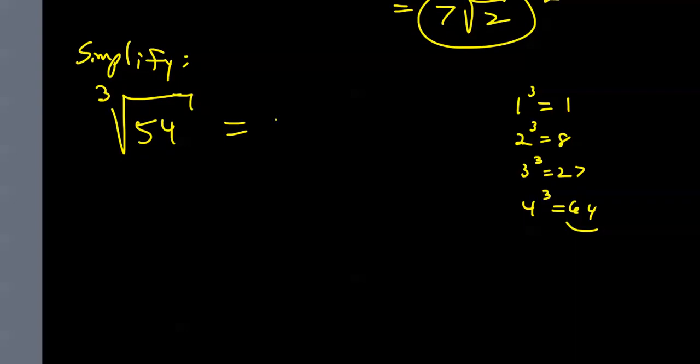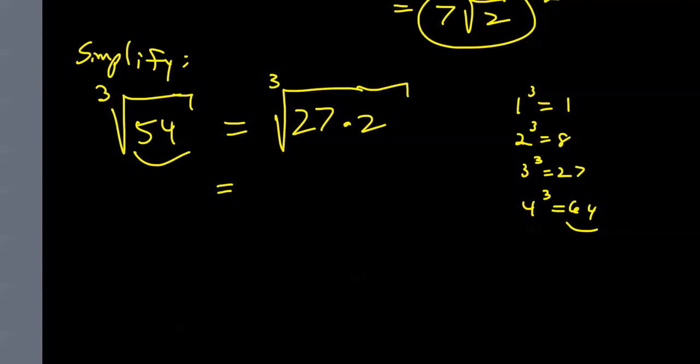What I can do, hopefully, is recognize that 54 is not a perfect cube, but it contains a factor of 27, which is a perfect cube, right? So I can rewrite that radicand as 27 times 2, and as we've seen today and in earlier sections, you can break up, or distribute, a root sign over a product. Now we have the third root of 27 times the third root of 2.